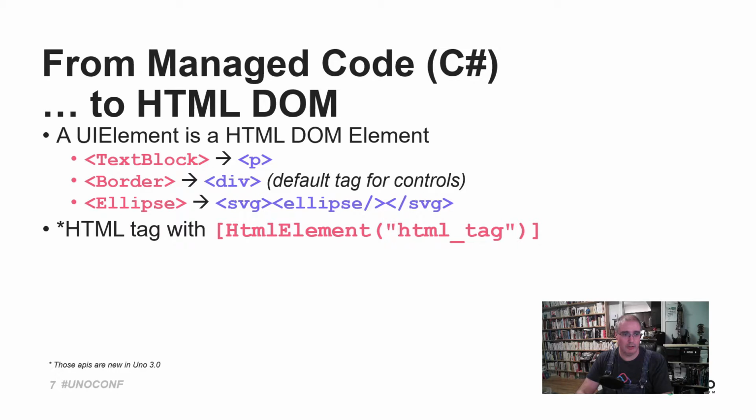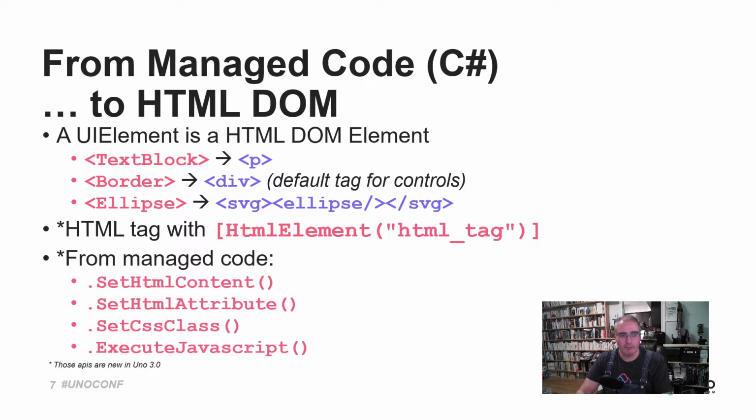You can also choose which HTML tag will be used to render your element by using the HTML element attribute. From managed code, you can alter the DOM using a bunch of extension methods like set HTML content, set HTML attribute, set CSS class, and many others.